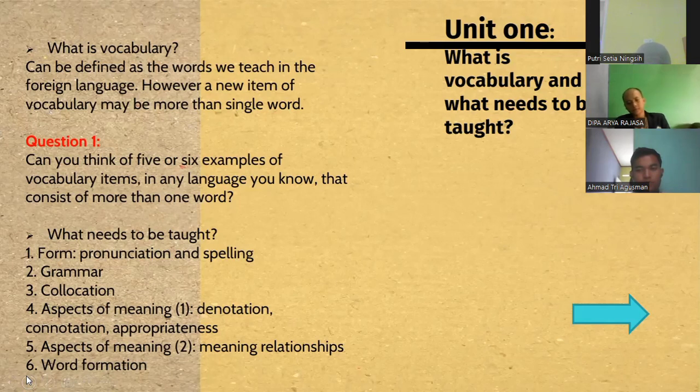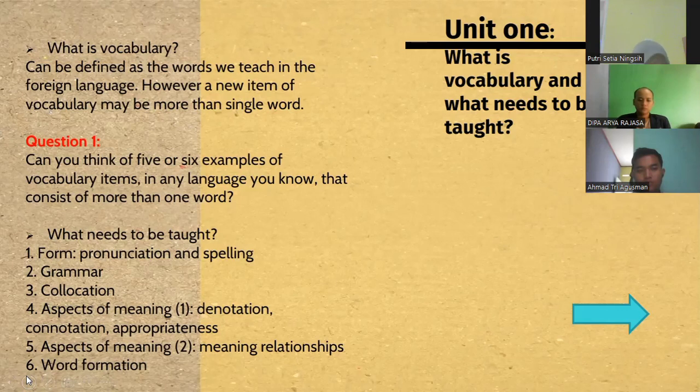The collocations typical of particular items are another factor that makes a particular combination sound right or wrong in a given context. The fourth is aspects of meaning. There are denotation, connotation, and appropriateness. In the denotation, for example, dog denotes a kind of animal, more specifically, a common domestic carnivorous mammal.